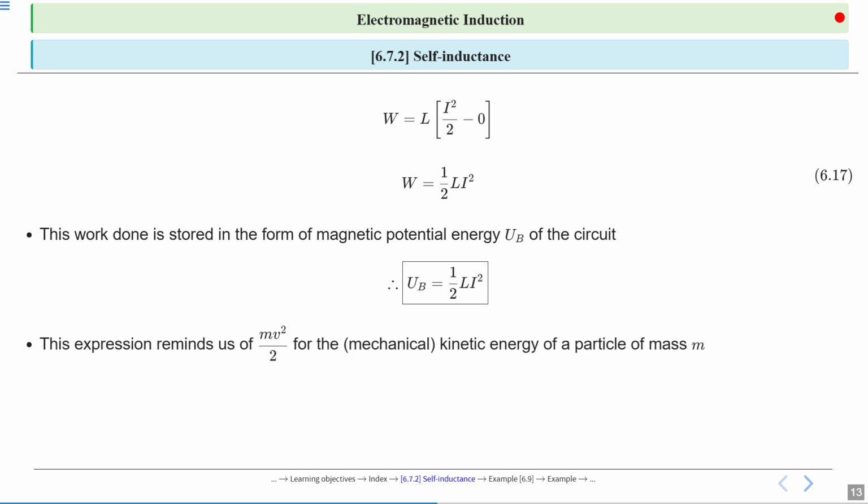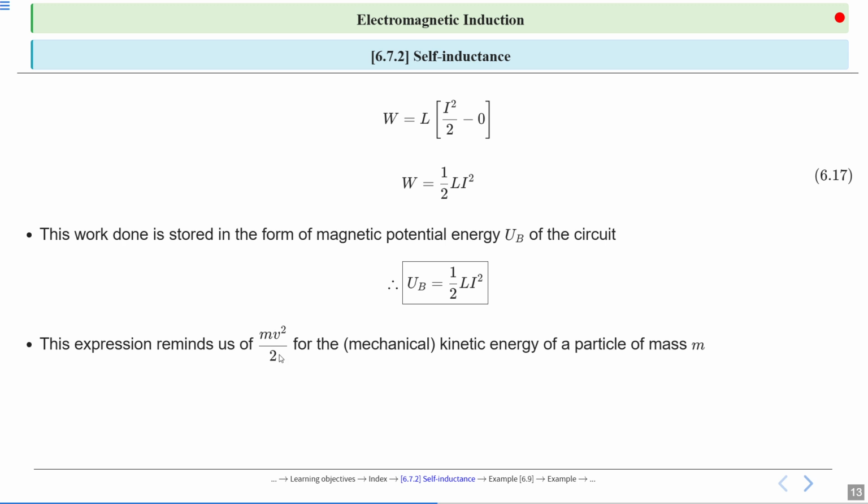This expression reminds us of m v square by 2. m v square by 2 is the expression for the mechanical kinetic energy of a particle of mass m, and this is half L I square. This is half m v square. So that means L is analogous to m.